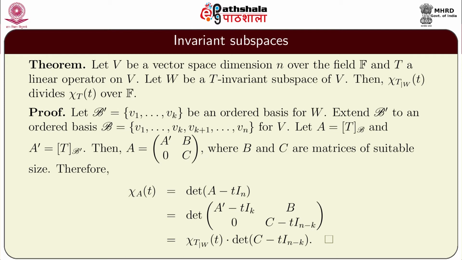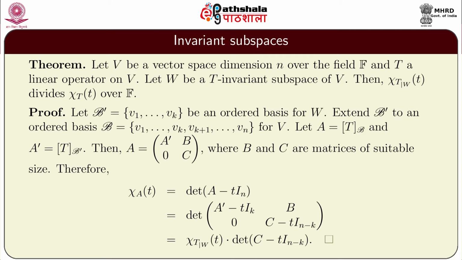Then the matrix A is of this form written in blocks. The top left corner is A dash and then B, and in the second row you see 0 and C, where B and C are matrices of suitable size and 0 is of course the 0 matrix.